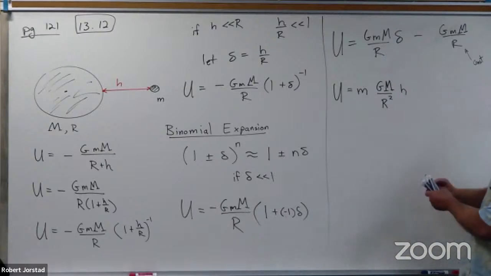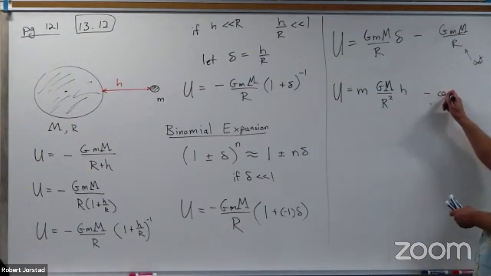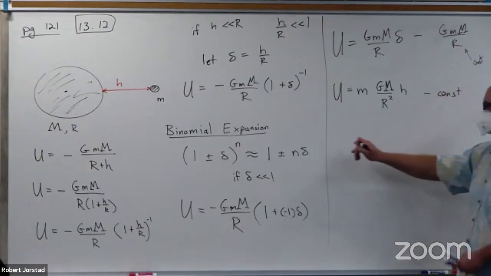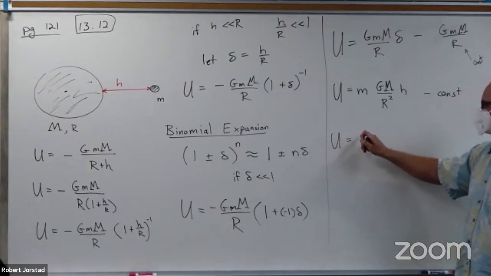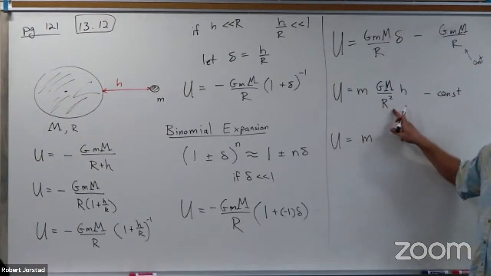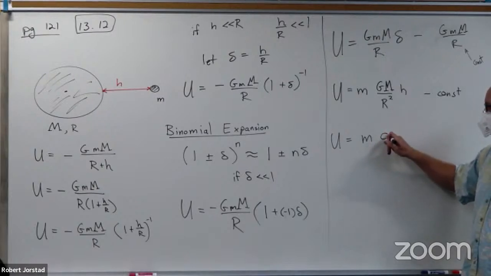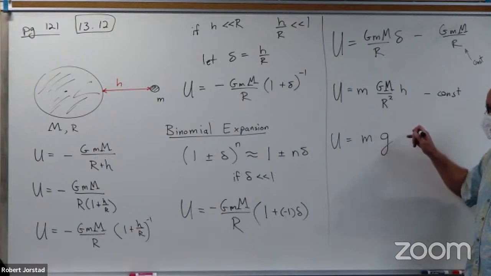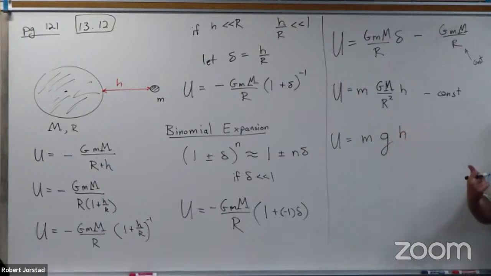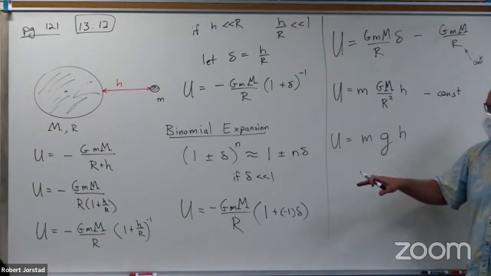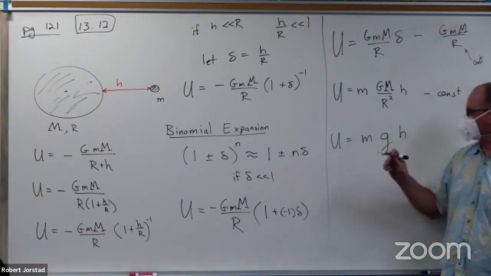Wait a minute. What you're telling me is this is m g. What is that? The first problem we did in this chapter? m g h. This is showing you that, remember that old m g h formula we used?